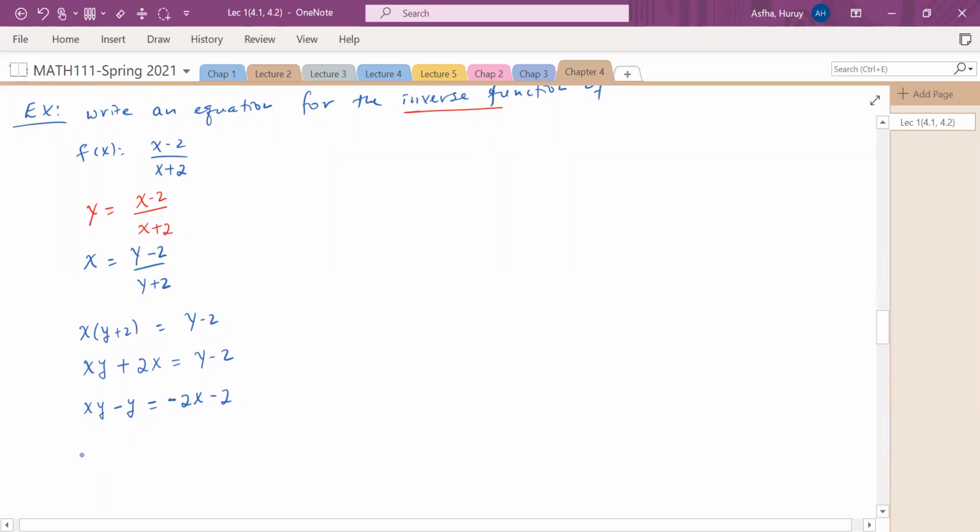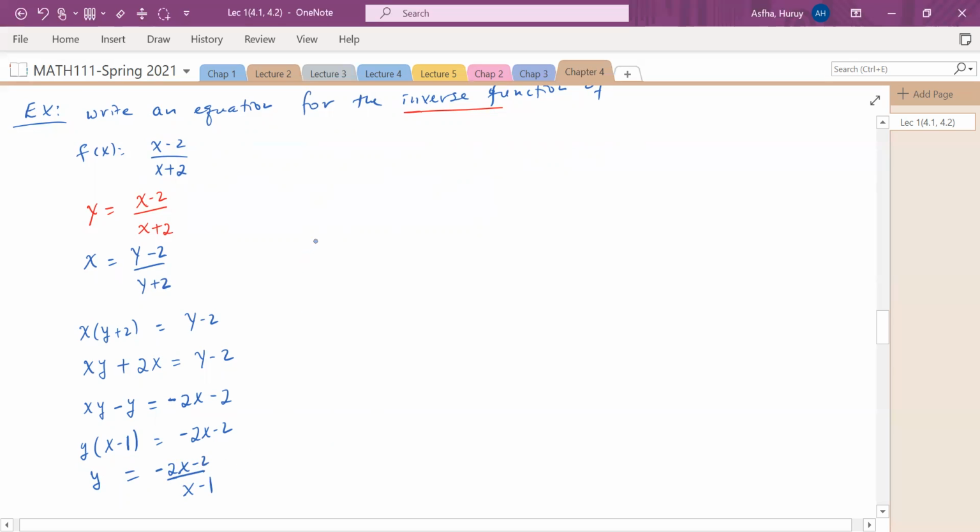And factor out y: y times x minus 1 equals minus 2x minus 2. And here we divide both sides by x minus 1, and we get y equals minus 2x minus 2 over x minus 1.